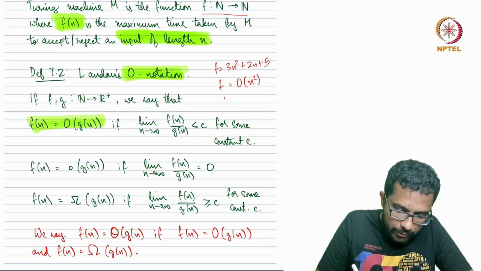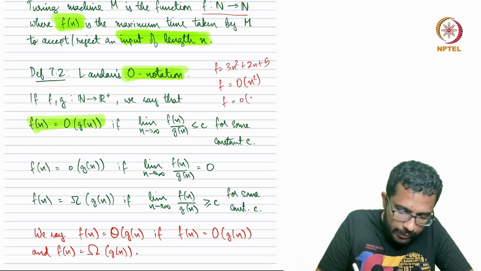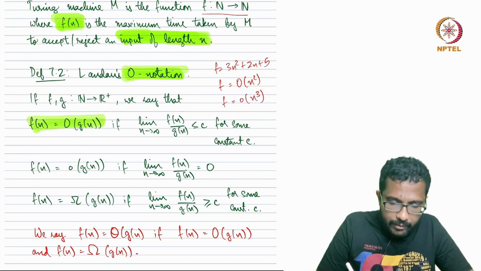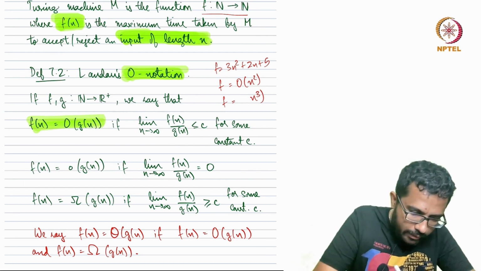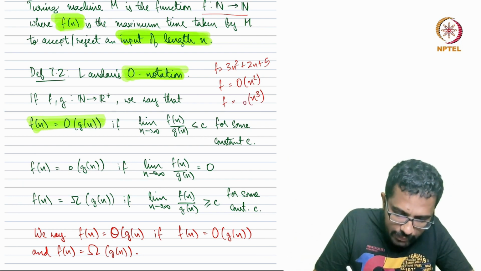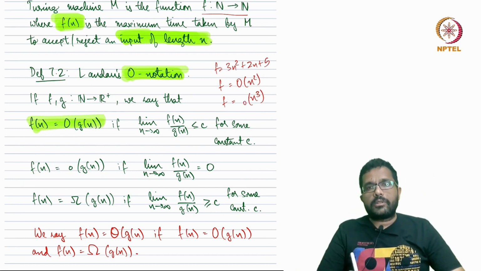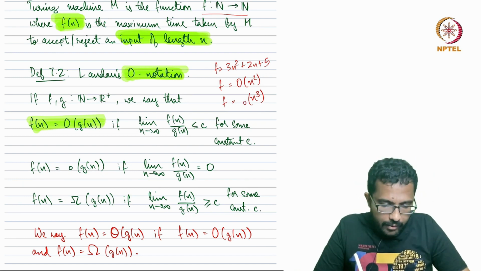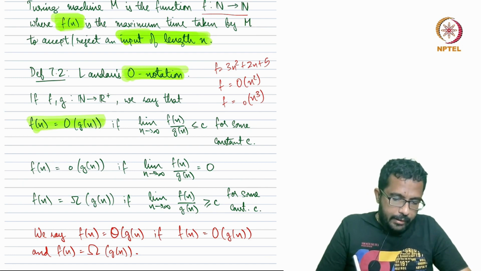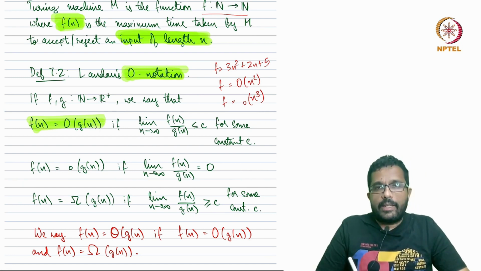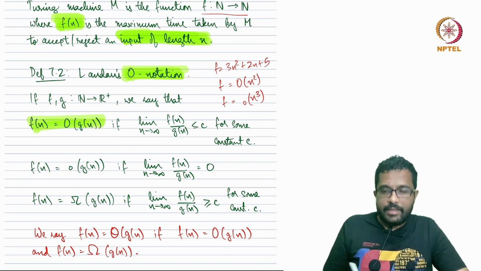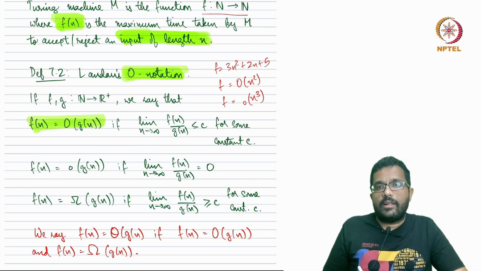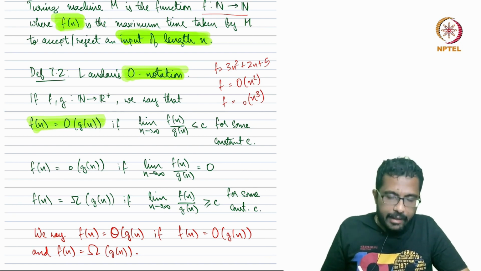But we can also say f is little o of n cubed. So big O means f by g is upper bounded by a constant, and little o means the limit of f by g as n tends to infinity is 0.